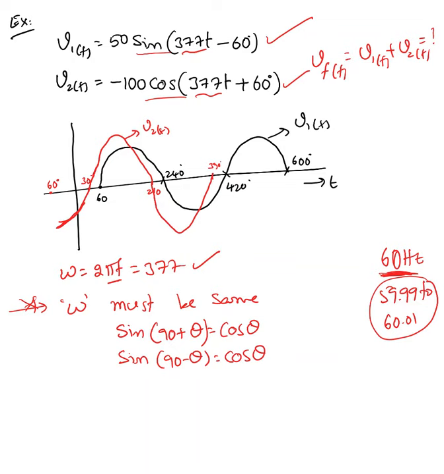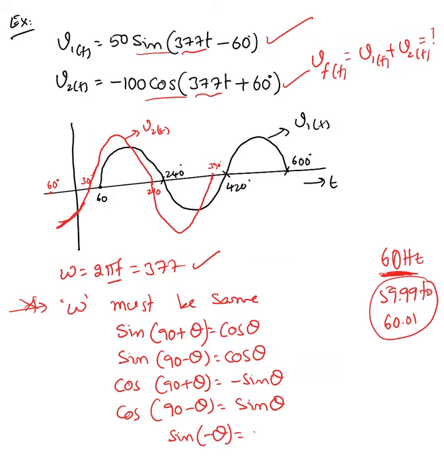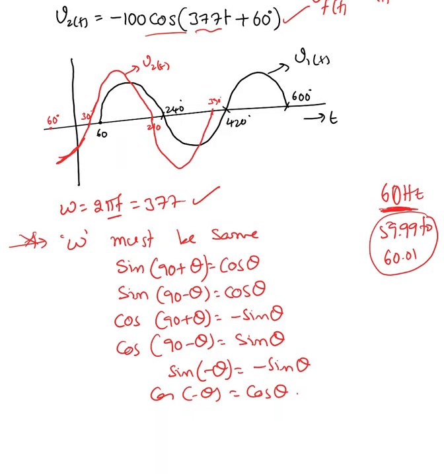Now cos 90 plus theta equals minus sine theta, and cos 90 minus theta equals sine theta. These are the conversions, and we know that sine of negative theta equals minus sine theta, and cos of negative theta equals cos theta.